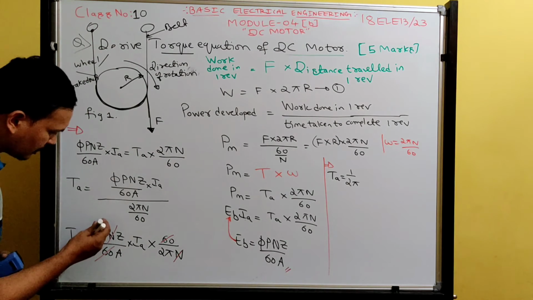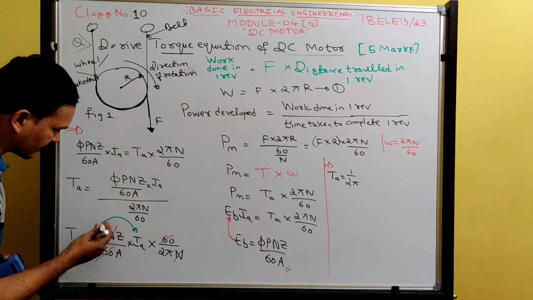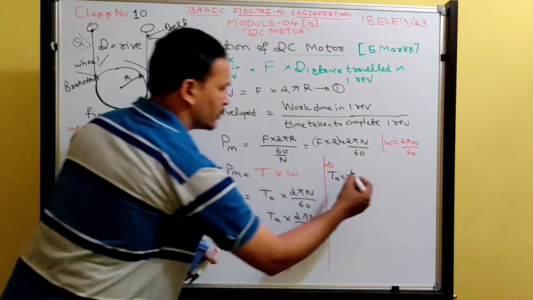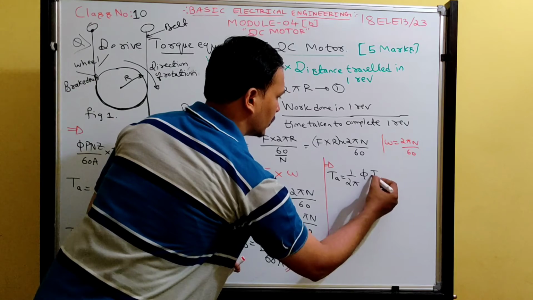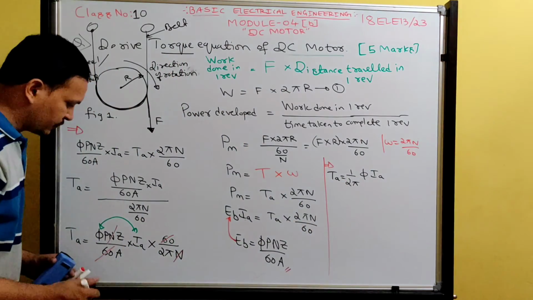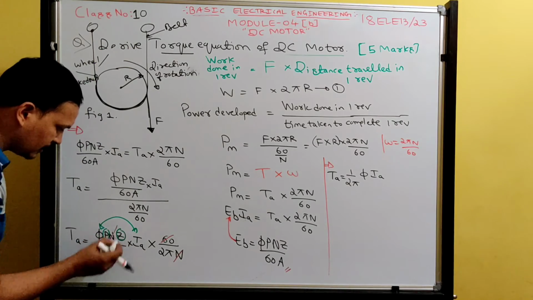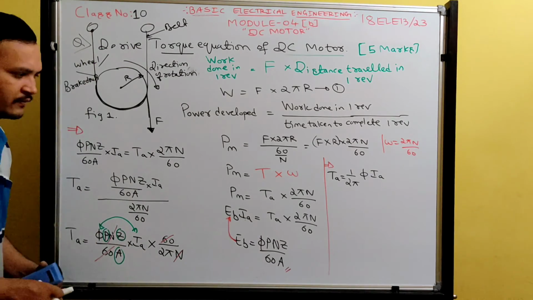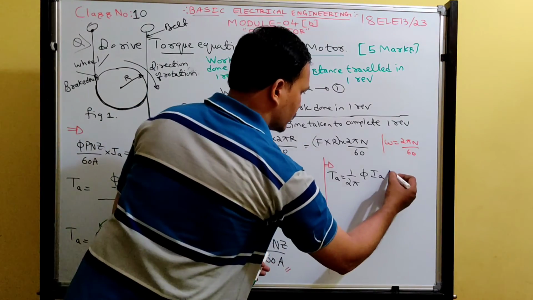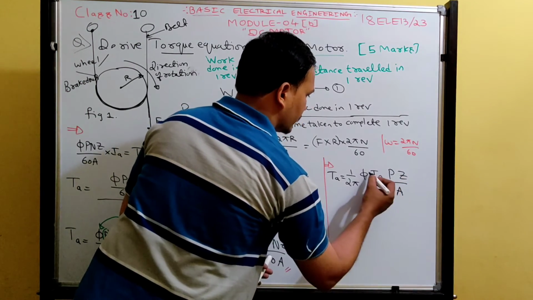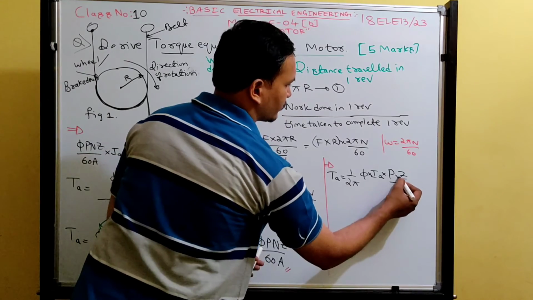Flux and armature current, I am grouping as one term, so flux into IA. Next, what is left? P, Z and A is left, that I am writing here. So P Z by A, everything is multiplication.